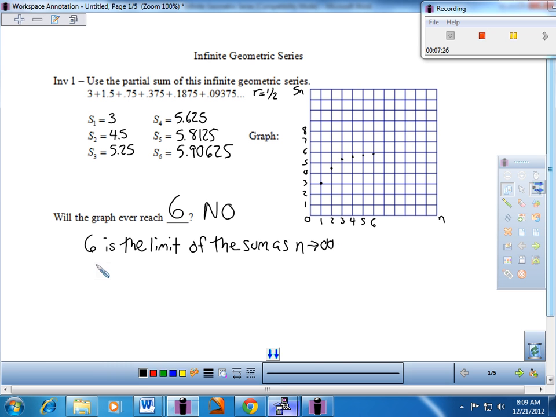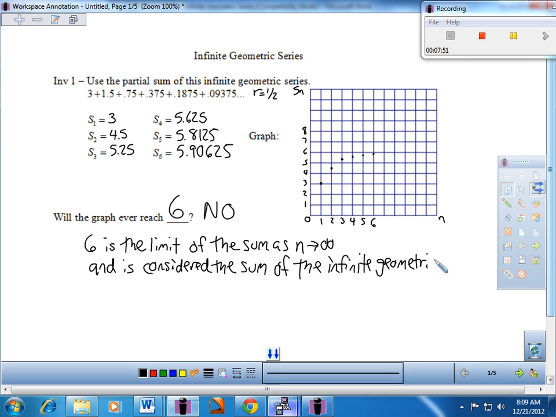And so as the limit, it is considered the sum of the infinite geometric series. So a finite sum for an infinite amount of values added together.